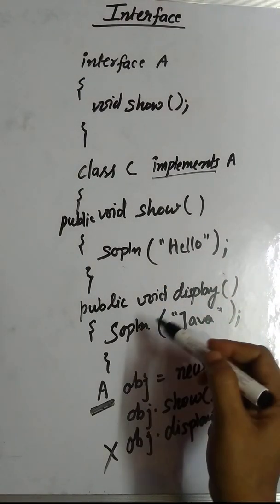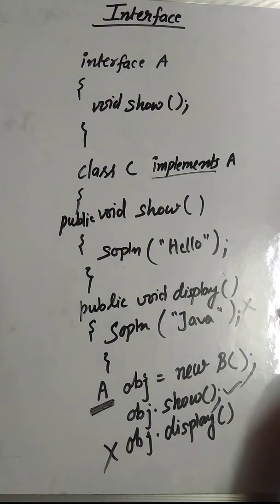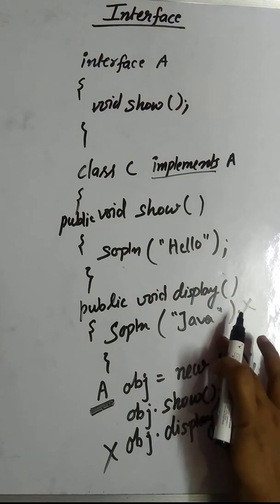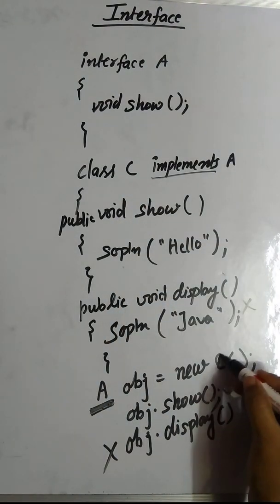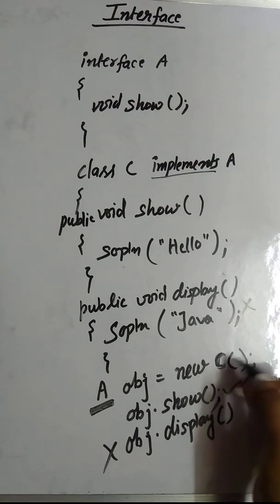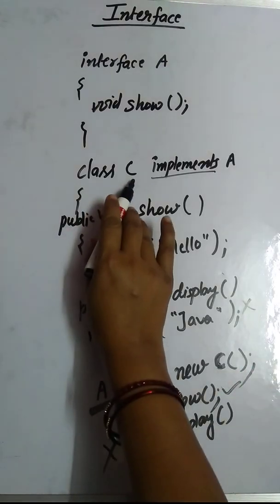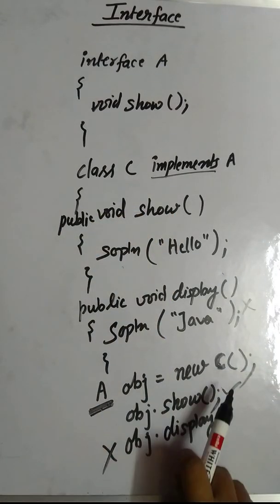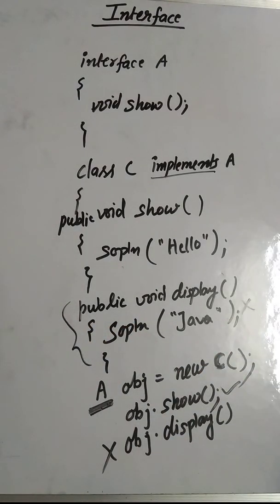We cannot use methods declared within the C class. Oh sorry, here we have to take C because our class is C, not B. Here we take the variable class name as C. So we cannot display the method of the C class. Clear?